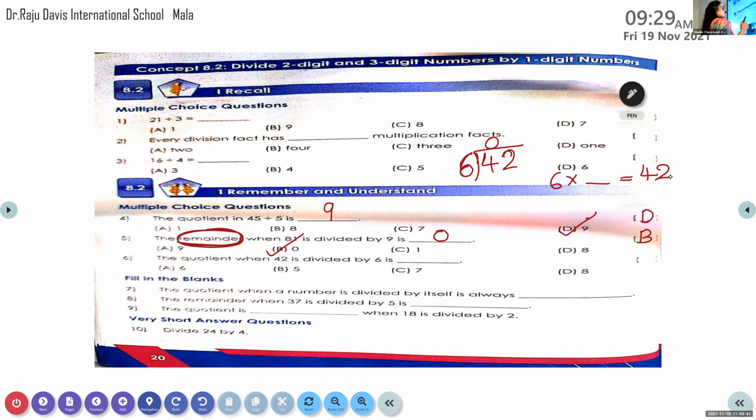If 42 was not there in the table, you would have to write all the products. Now it is there in the table. Say the table of 6. 6 1s are 6, 6 2s are 12, 6 3s are 18, 6 4s are 24, 6 5s are 30, 6 6s are 36, 6 7s are 42. Okay, you got 6 7s are 42.